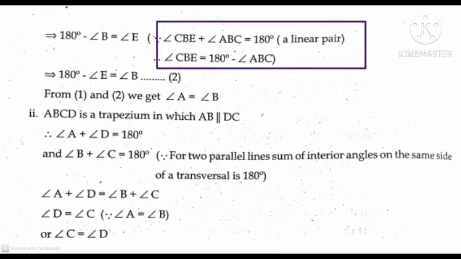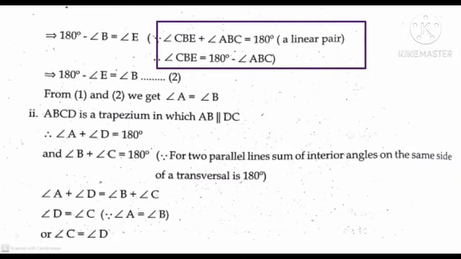In the figure, angle CBE plus angle ABC is equal to 180 degrees since they form a linear pair. That implies angle CBE is equal to 180 degrees minus angle ABC.